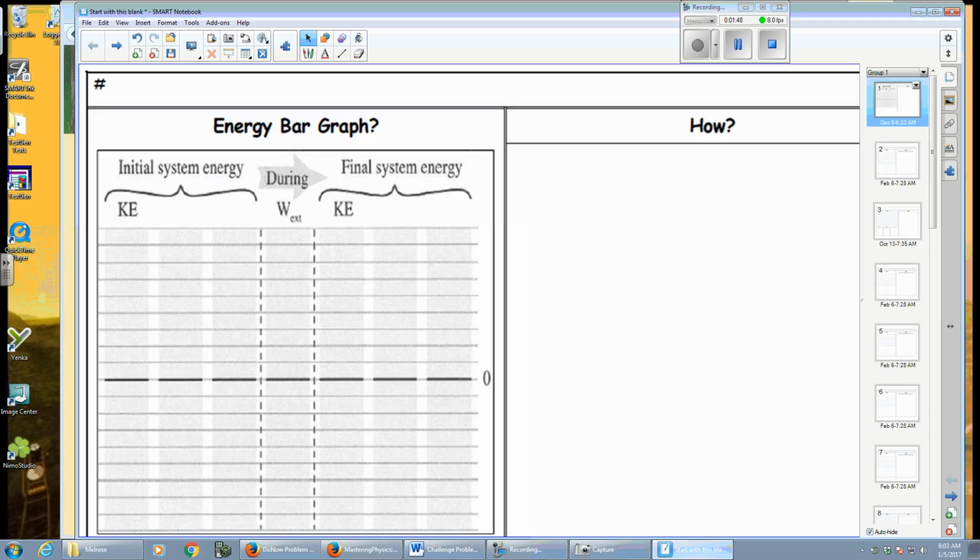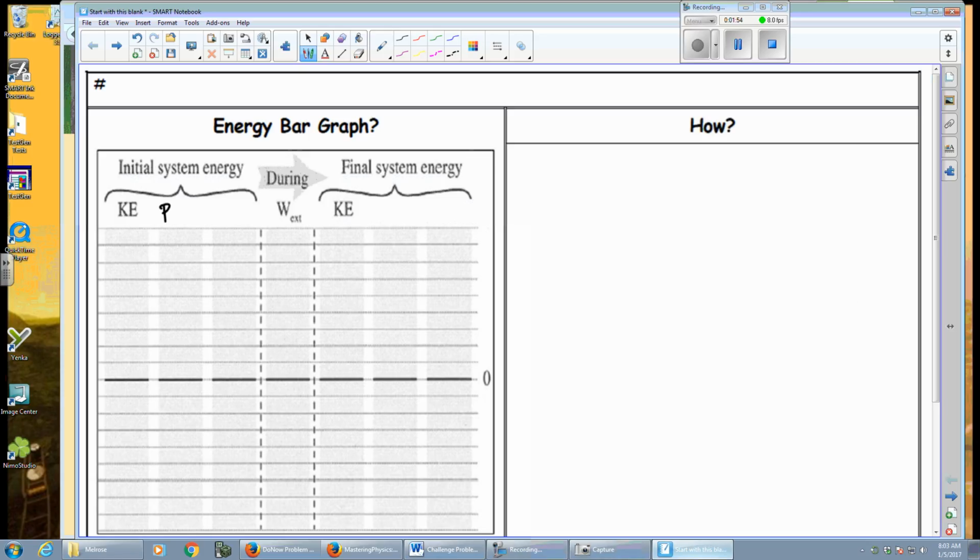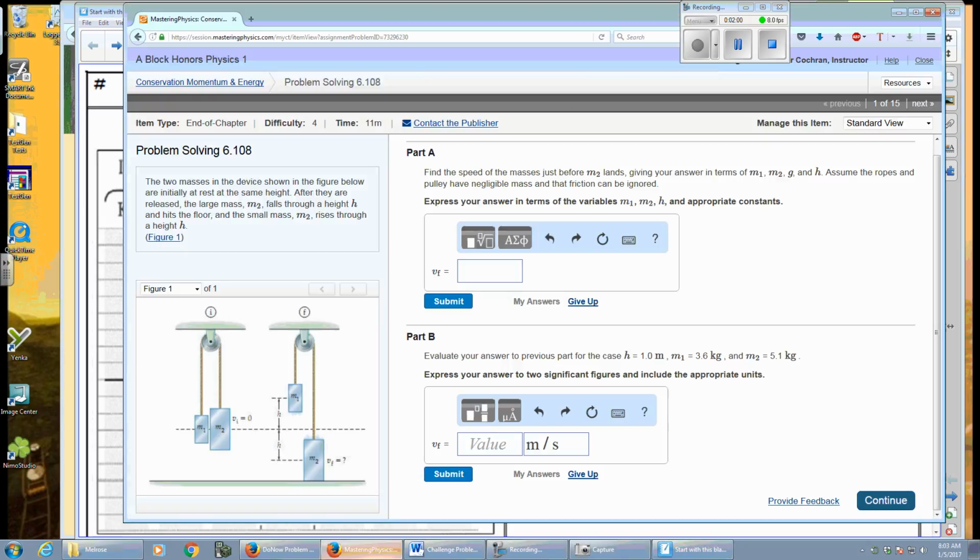All right, so I'm going to label this column as PE grav. Any other type of energy there on the left-hand side, if they're stationary? Is there any spring energy or anything like that? Nope.